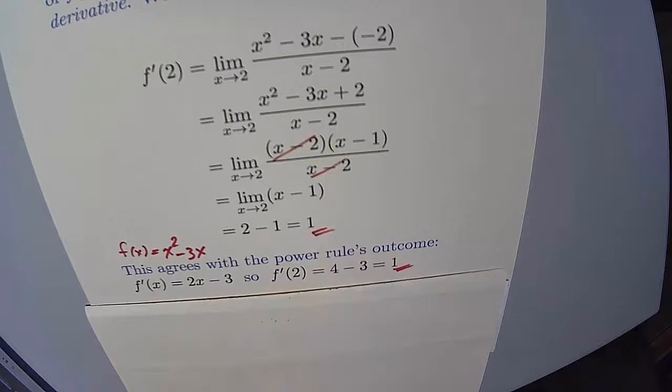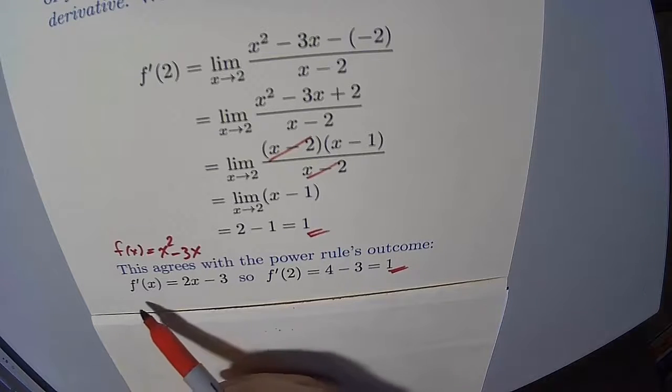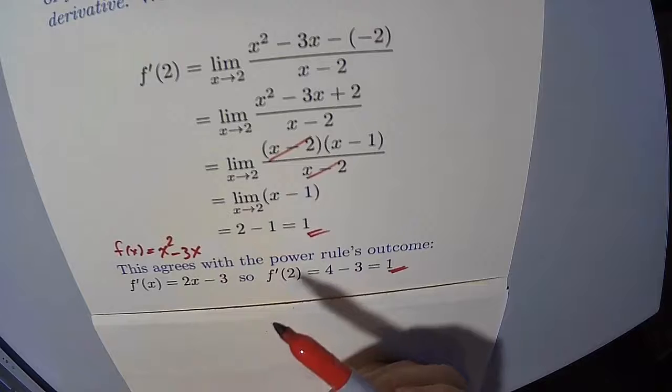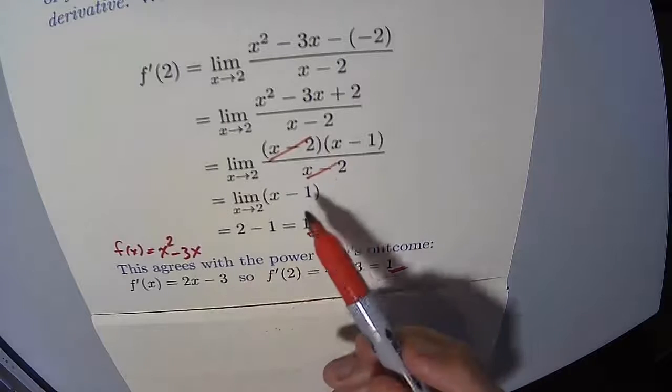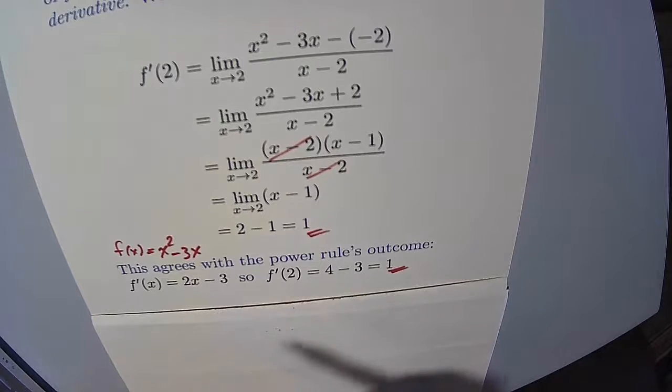And that's the same thing that we got over here. For perspective, let's keep in mind that the power rule is not a replacement for this calculation. This type of calculation is really what's behind the power rule. So we should keep that in mind.